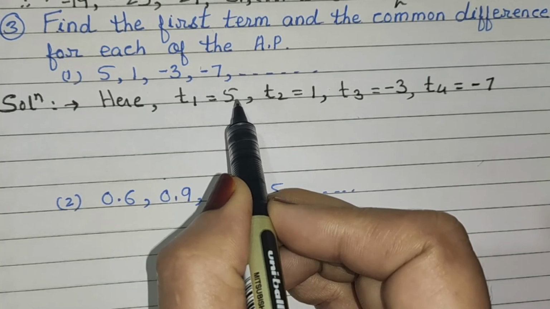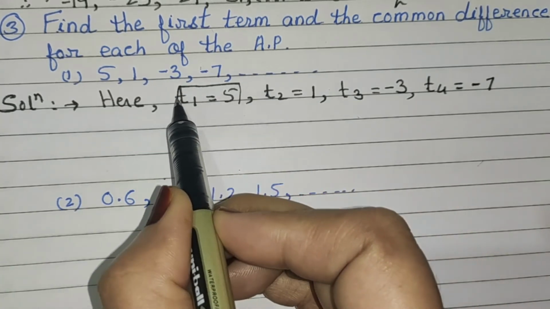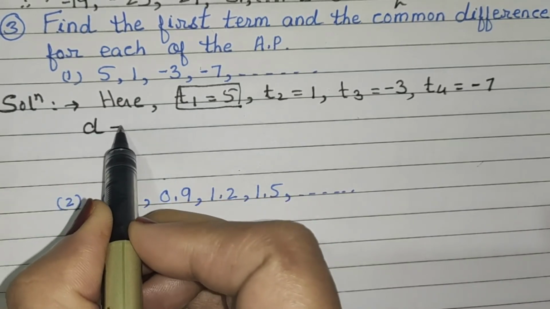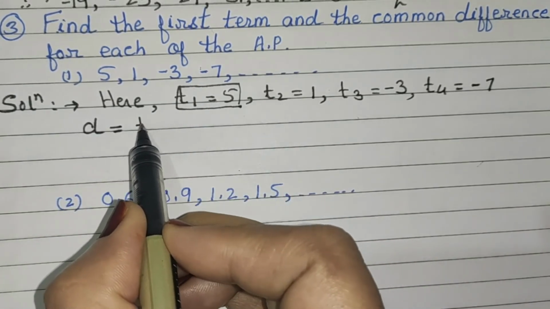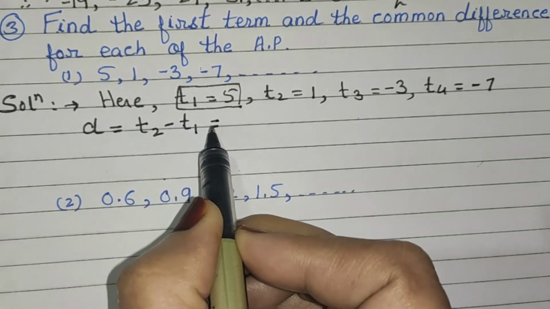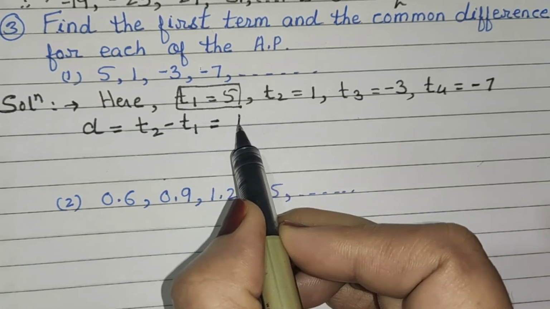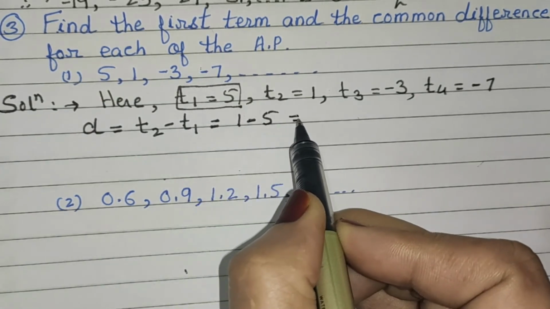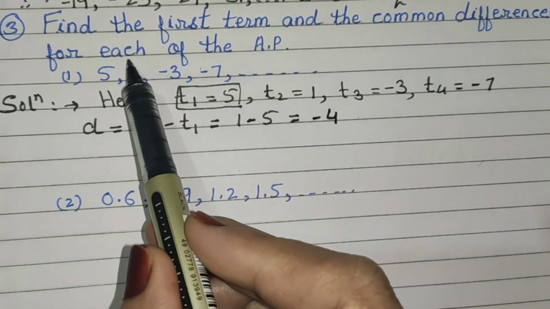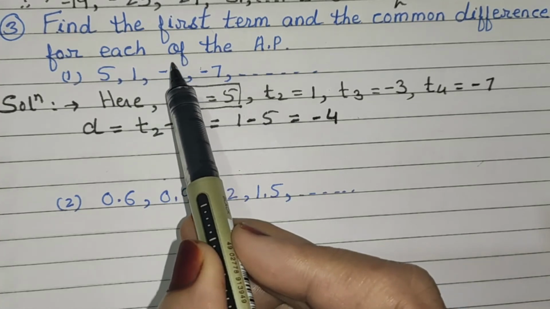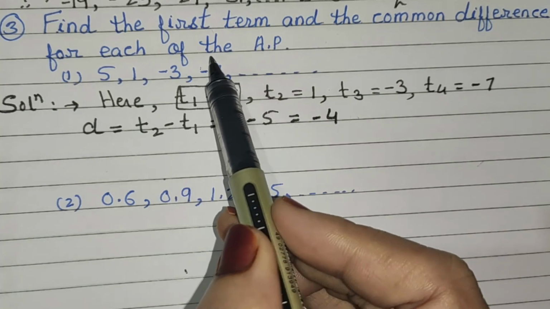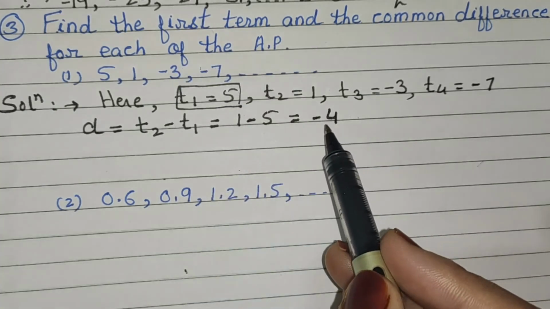T1 is the first term, therefore the first term is 5, and the common difference we can write here T2 minus T1. Substituting the values here, 1 minus 5, we get here minus 4.